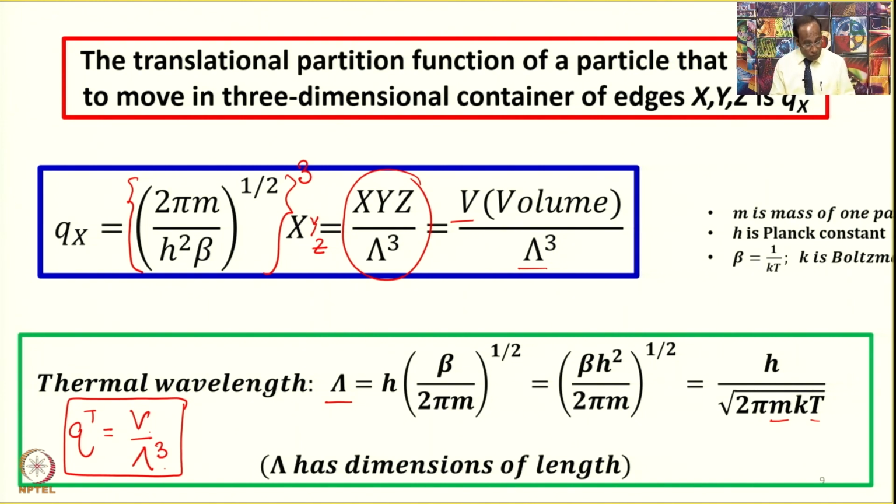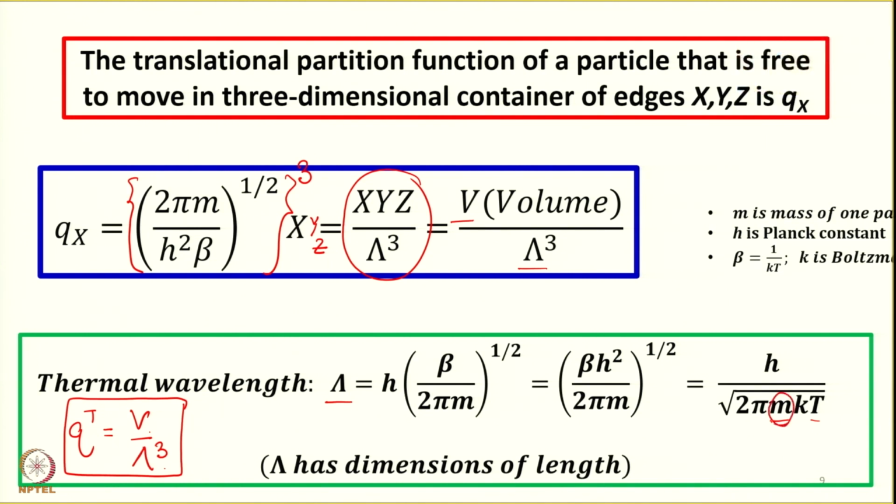Similarly, you can also comment upon the effect of mass of a particle on the value of translational contribution to partition function. Obviously, if the mass is higher, then the thermal wavelength is going to be small. If the thermal wavelength is small, then the value of molecular partition function is going to be large.